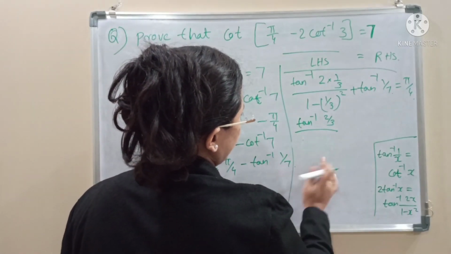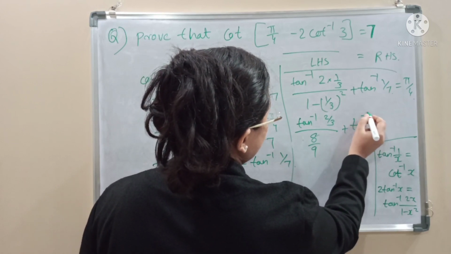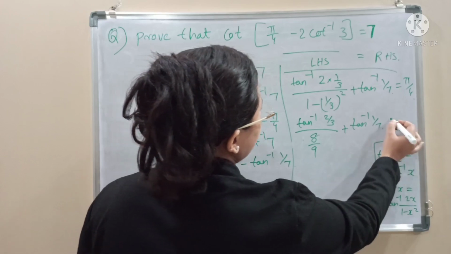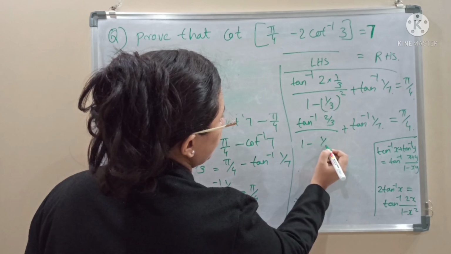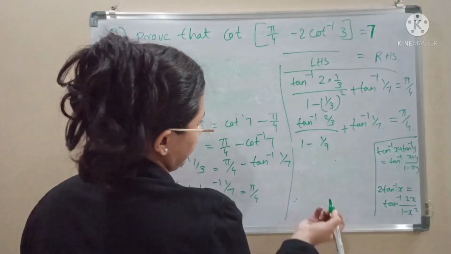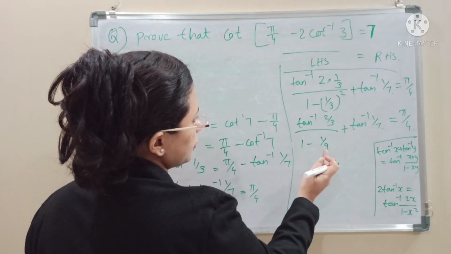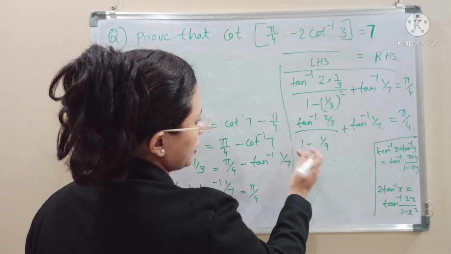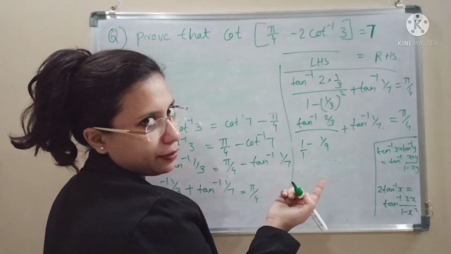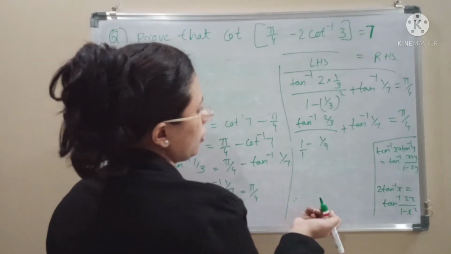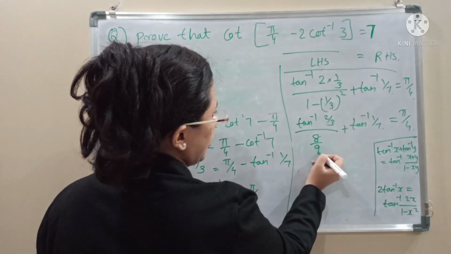So it will be 8 by 9, plus tan inverse 1 by 7, which is pi by 4. Here it will be 1 minus 1 by 9, so it will be 9 times 1 is 9, minus 1, divided by 9. Cross multiplication, the same thing we already learned. So it will be 8 by 9.